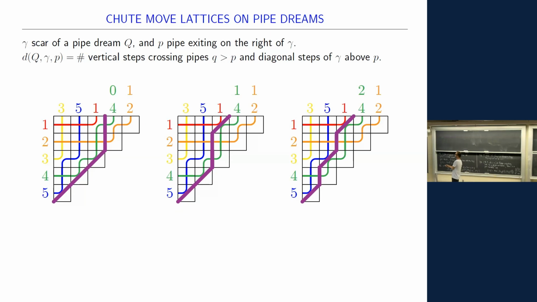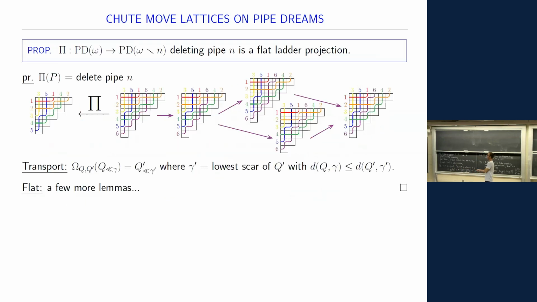I have to define a certain statistic on my scars and prove that transport is given by the following: if I have a given scar and I transport it to the lowest scar with a given property on my statistic, it's independent of the path I pass through. I need a few more lemmas that are not yet written. I have to admit that this is not completely finished, but we checked and it seems to be completely correct.